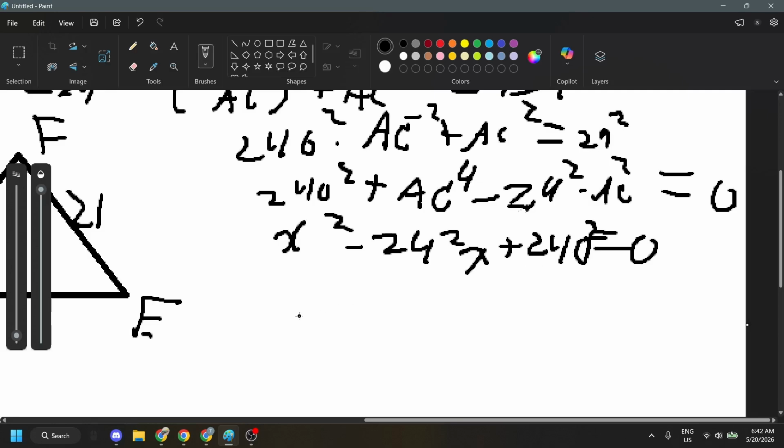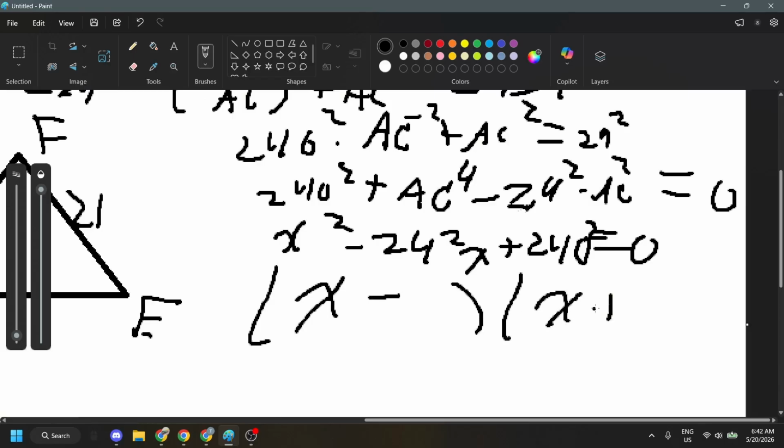Can we factor this? Two things that multiply to 240 squared and add to negative 29 squared, so they'd both be negative, so it'd be x minus something, x minus something.